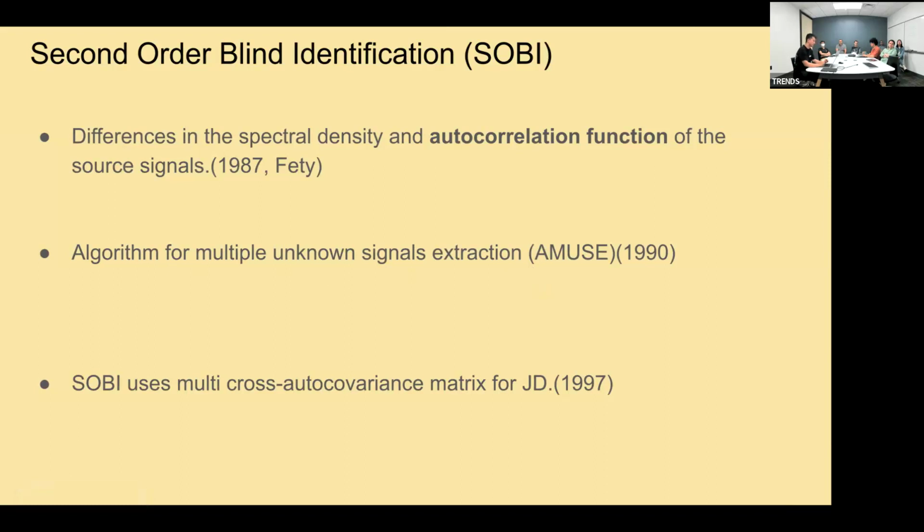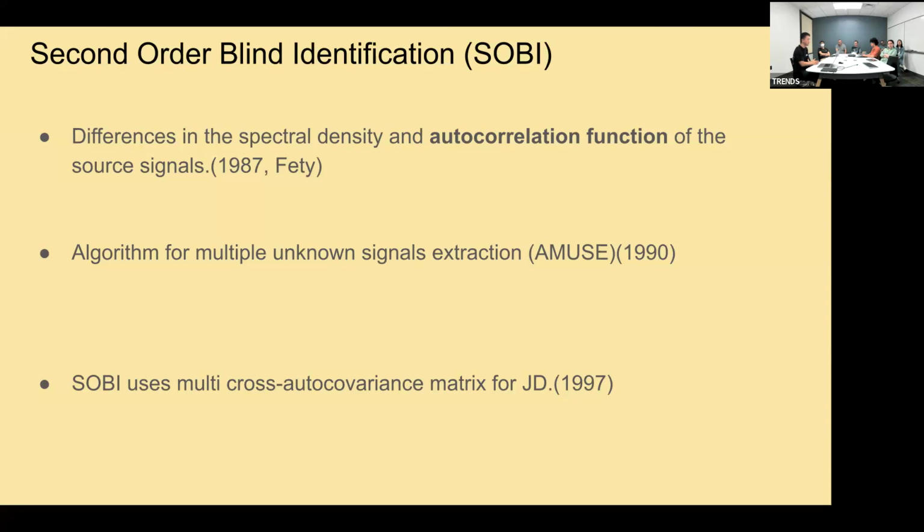It's based on just two matrices, trying to jointly diagonalize between the mutual covariance and one autocovariance matrices. They gave this idea of the unique autocovariance and tried to make them diagonal. Then in 1997 people thought, if we have this unique feature, why don't we use a couple of them?